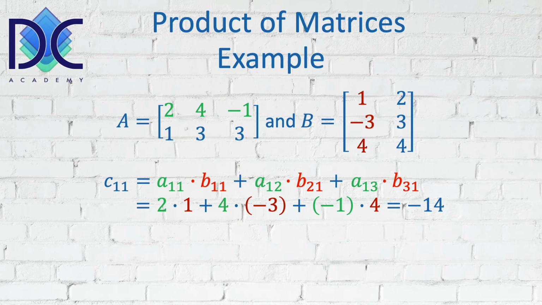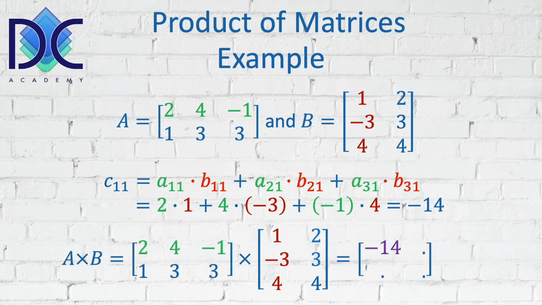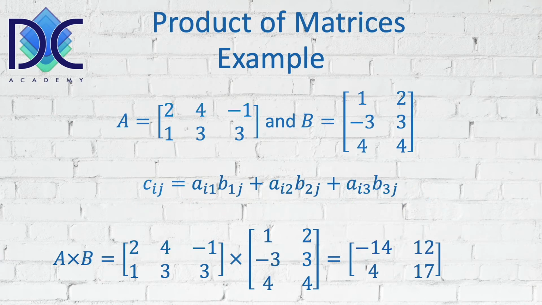So when we add all of these, we find 2 minus 12 minus 4, which is in fact finally minus 14. And we can put this first element in the field 1, 1 of the new matrix C. So this is C11. Now, here we have the complete matrix when we calculated all the elements.